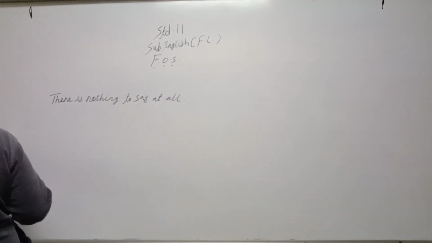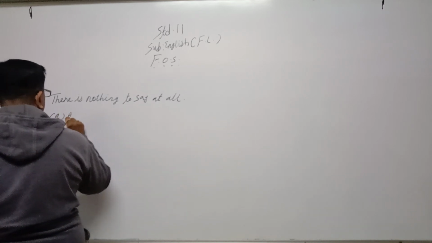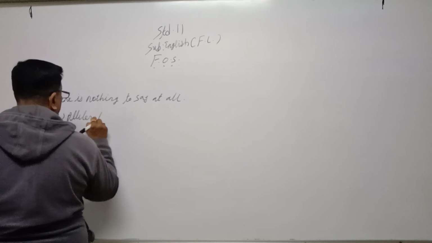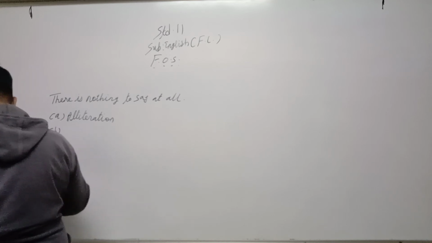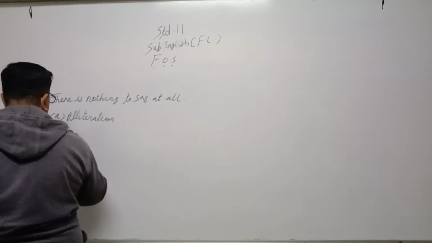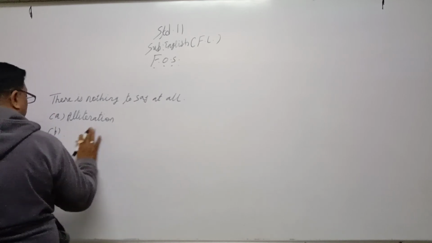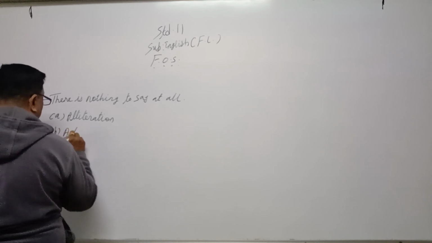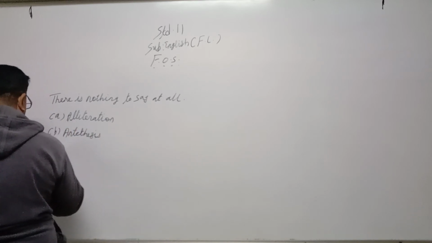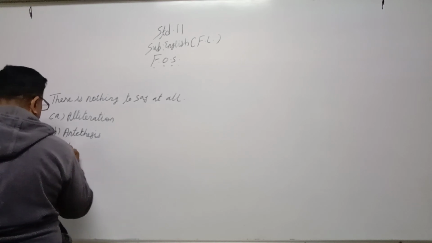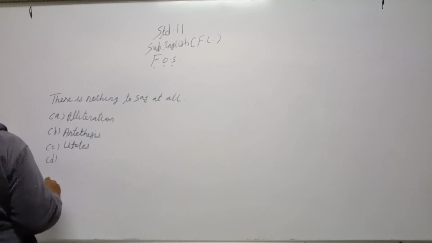Options are alliteration, option B, antithesis, option C, retorts, and option D, repetition.